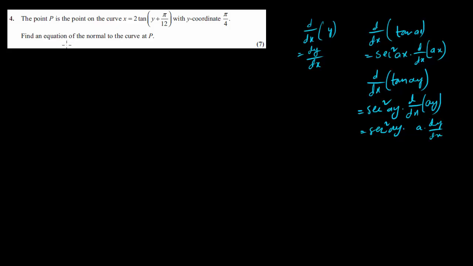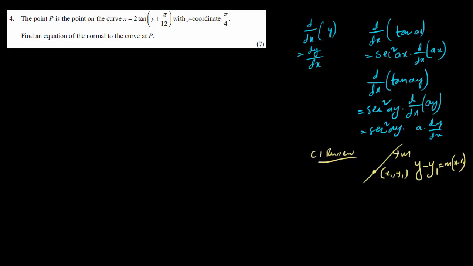So first of all, let's find the gradient of the curve, because after all, to find the equation of a normal to the curve, this is from C1, we need to know about the gradient of the curve. If you remember C1 review, if a line passes through the point x1, y1 and it has a gradient of m, then the equation of the line is y minus y1 equals m times x minus x1, regardless of what type of line it is, normal line or parallel line.